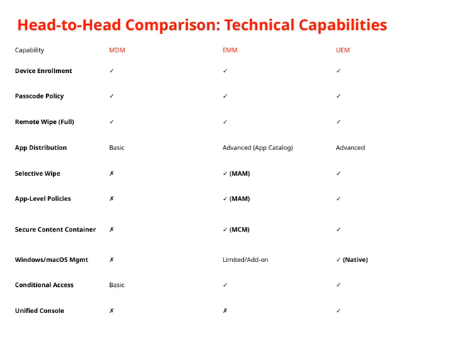Now, moving to app distribution, this is where things start to differ a bit. MDM provides basic app distribution, while EMM and UEM take it a step further with advanced app catalogs, offering more control and flexibility for deploying applications. Selective wipe and app-level policies are not available in MDM, but both EMM and UEM support these features.